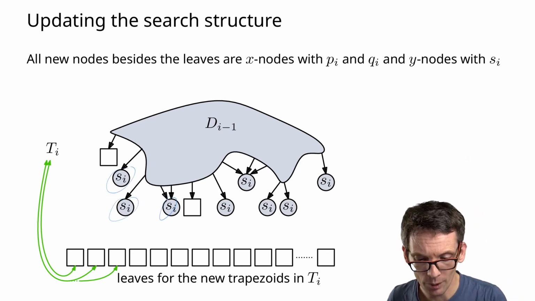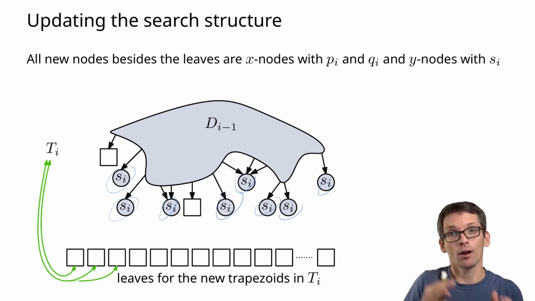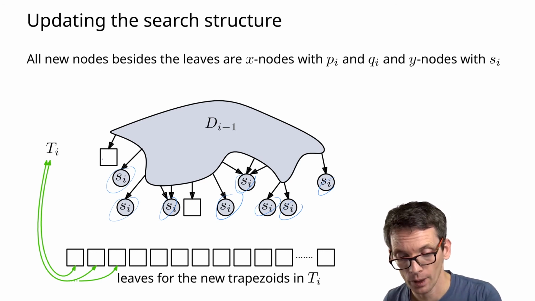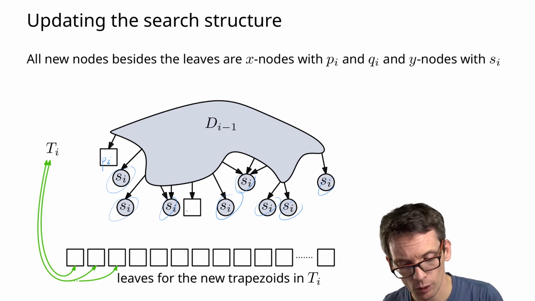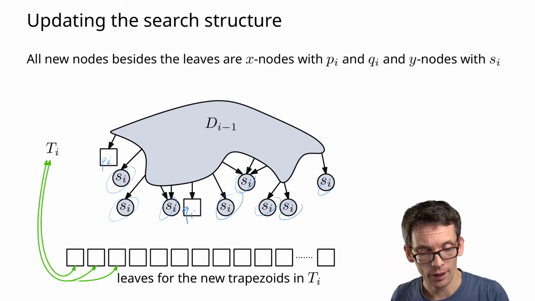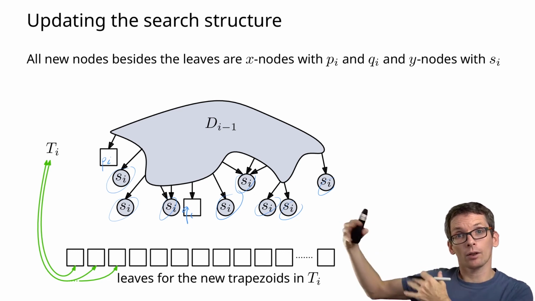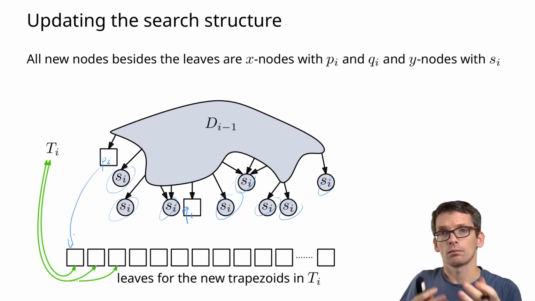All old trapezoids except for the last and the first one get a Y node. Then the first one, so the leftmost one, gets an X node, Pi here, and the rightmost one gets an X node, namely Qi. And then for this Pi, if I'm to the left, there's only one trapezoid, so I can link that up to the new trapezoid.